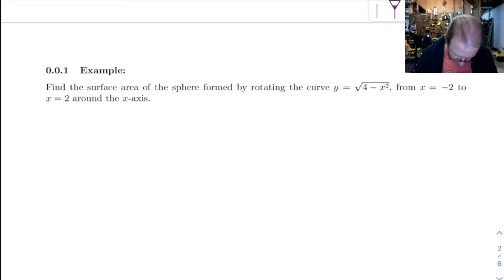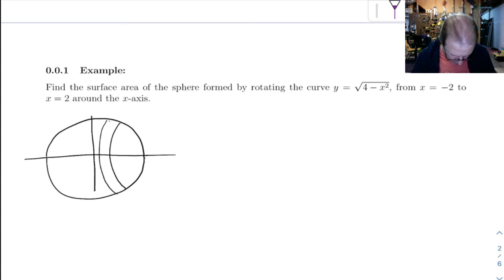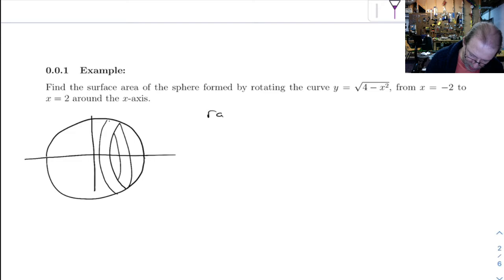So let's draw this. We've got y equals square root of 4 minus x squared. You rotate that around, and you get a sphere. Now I'm just going to put in one band here. The radius is going to be what? The radius is just y.